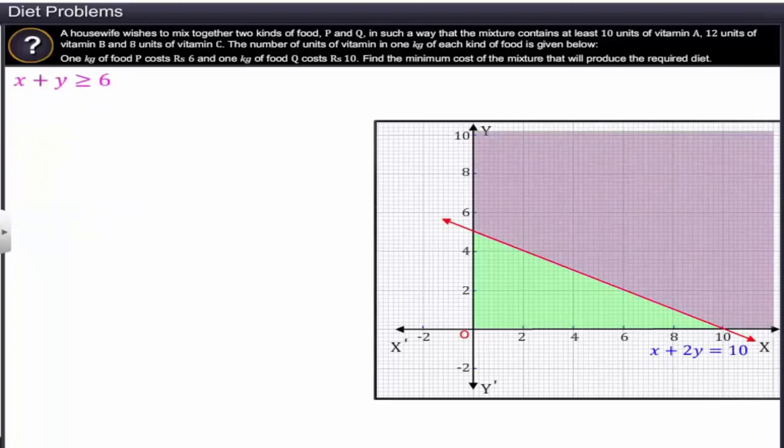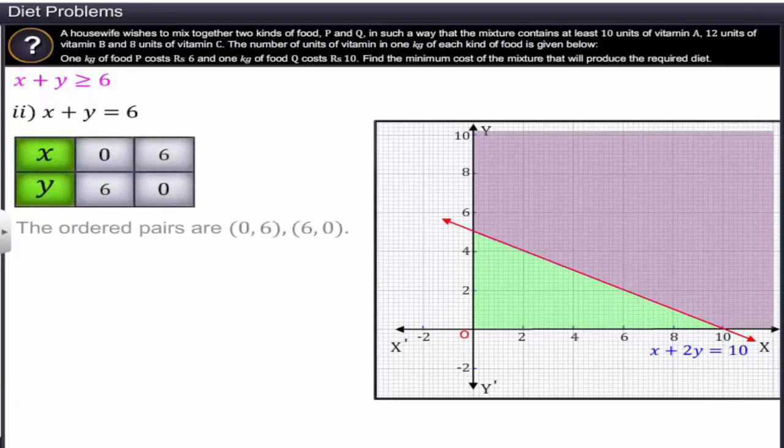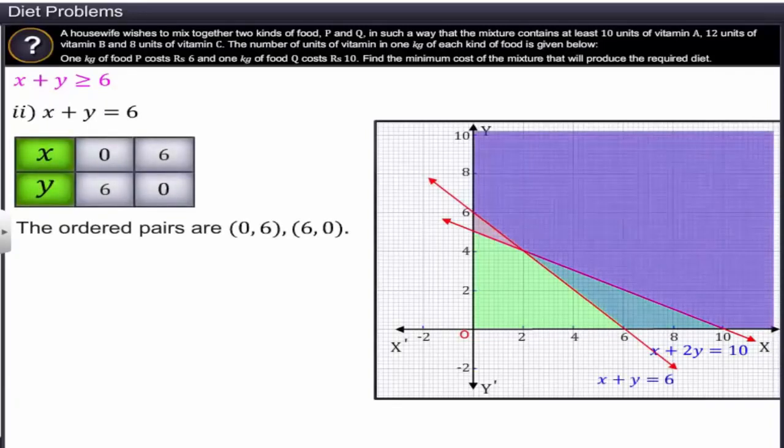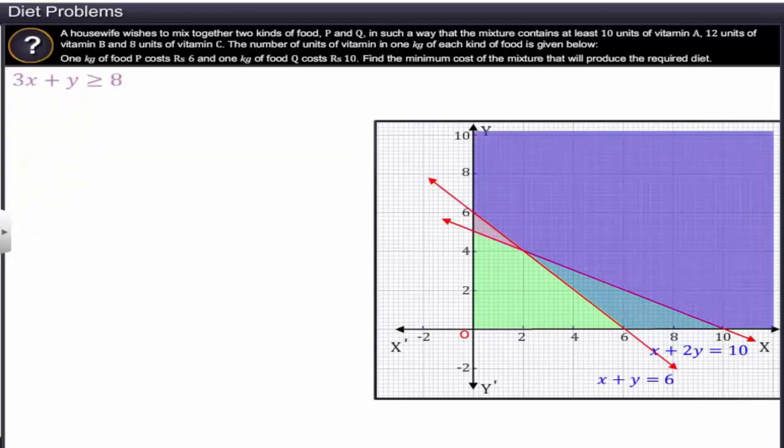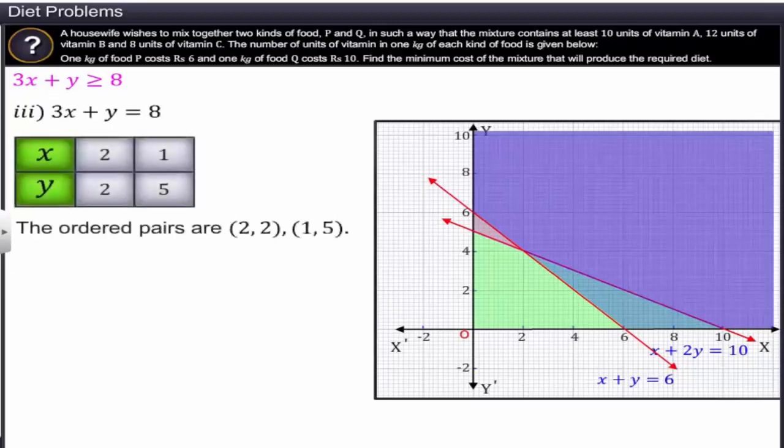Draw the graph of X plus Y is equal to 6 as the reference to get the solution region of the inequality. Finally, draw the graph of 3X plus Y is equal to 8 as the reference to get the solution of the inequality.